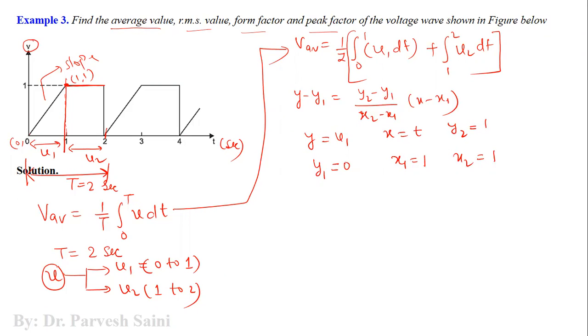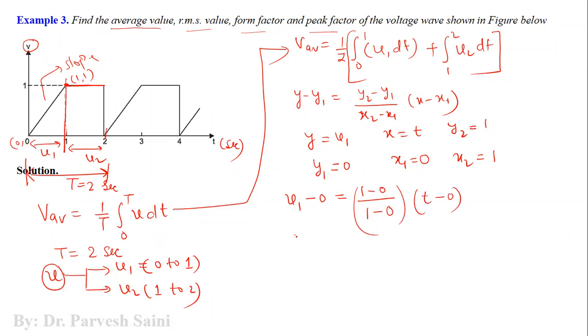So let us solve this and see what the answer could be. You have v1 minus 0 is equal to 1 minus 0 divided by x2 is equal to 1, and x1 is not 1 here, mistake done. So it is 0, and you have x is t and x1 is 0.